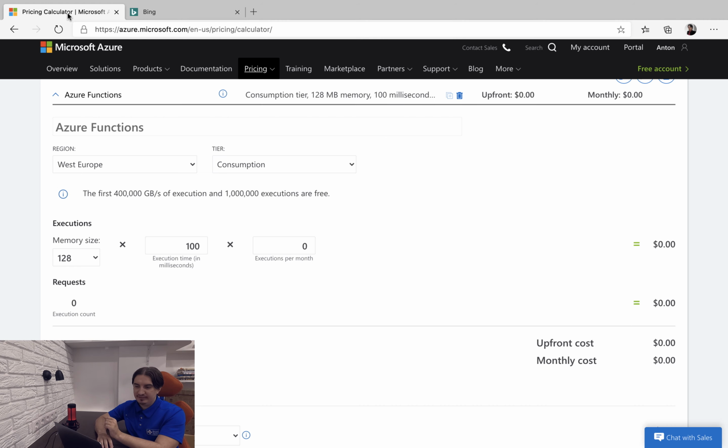Let's go back here and enter 13 million invocations overall. This is what I will need to pay for my health check, my keep-alive probe, to keep that consumption function always up and running.